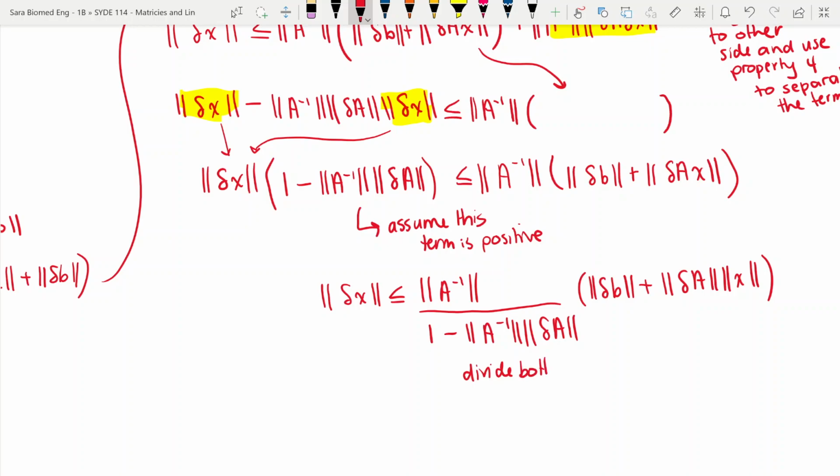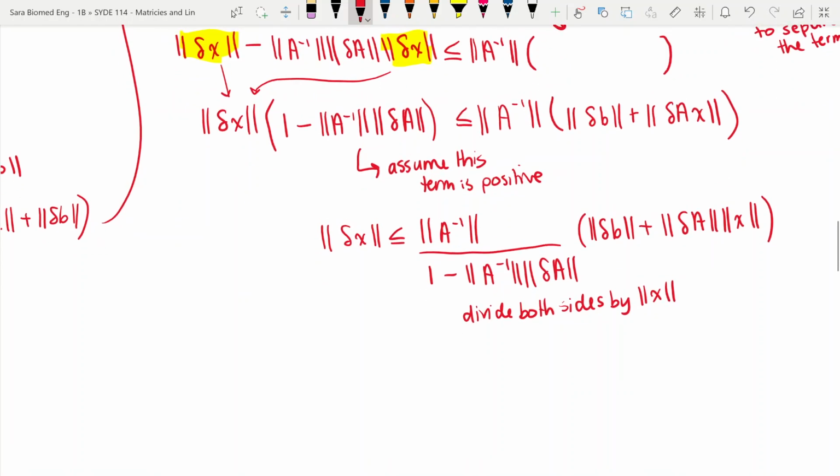The reason this inequality is going to hold is because the norm of something is positive or equal to 0, and here we're assuming it's not 0. So it's going to be positive, so this less-or-equal sign will hold.